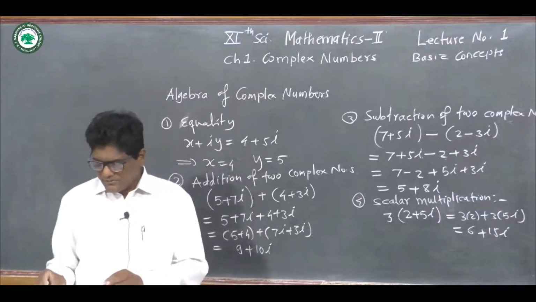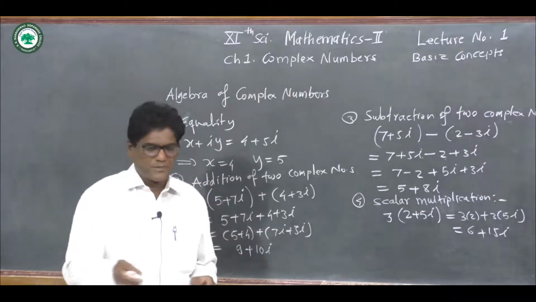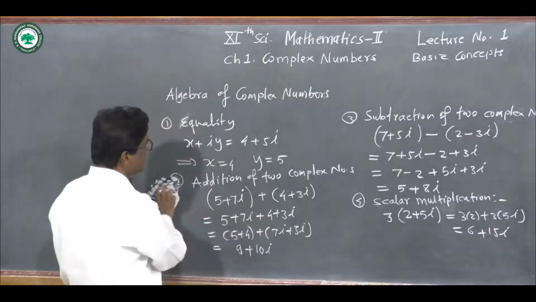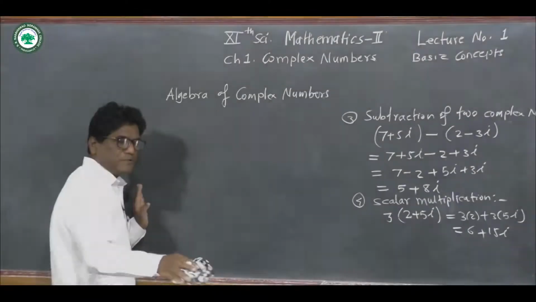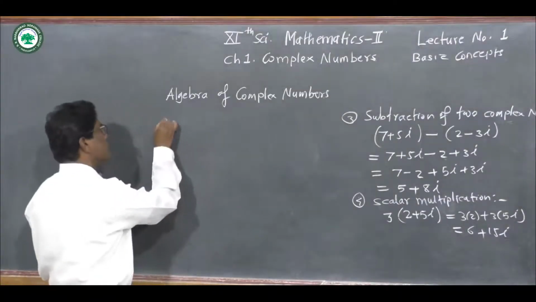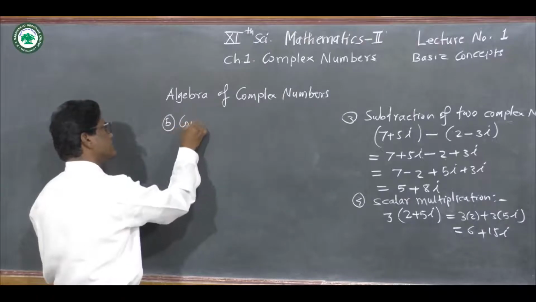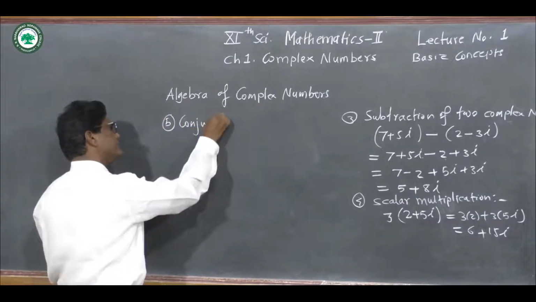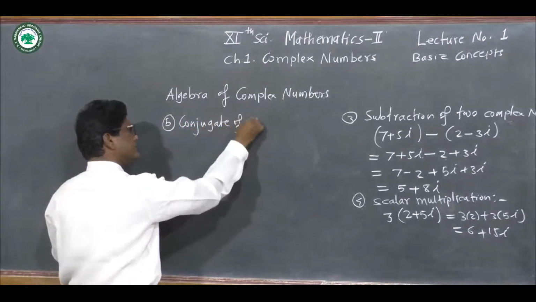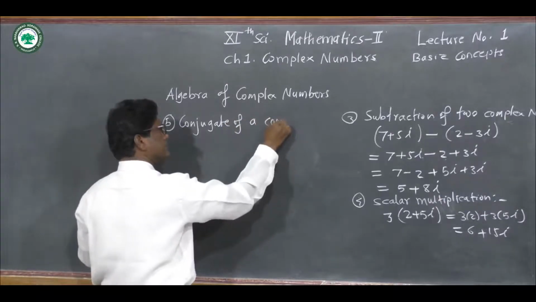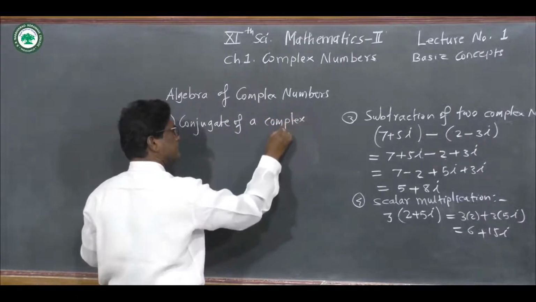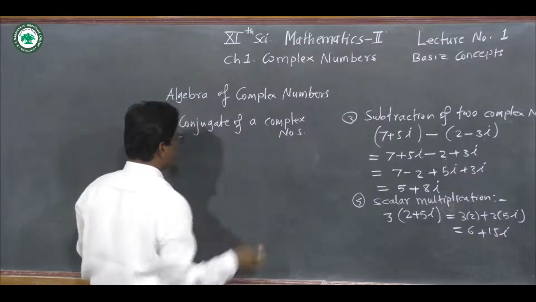Now the next one is the conjugate of a complex number. Next we see the fifth one, conjugate of a complex number. Now it is very important.